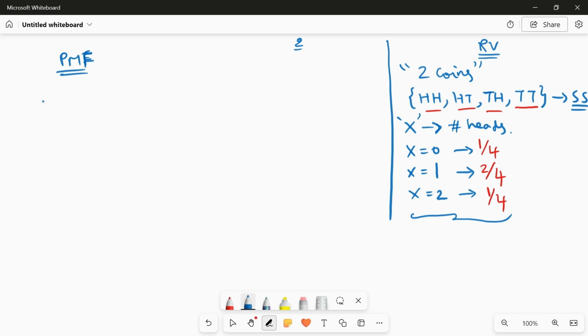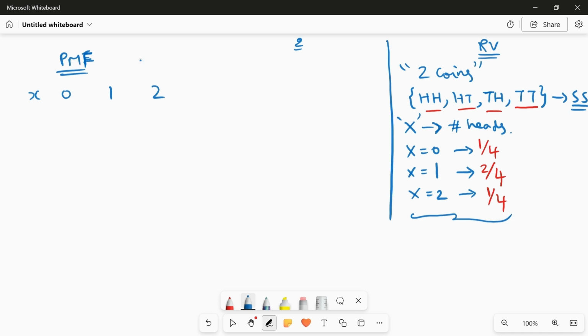It is a function that takes in the values of a random variable and gives out the probability. In the coin tossing example, let's say again the random variable x is the number of heads, the possible values of x will be 0, 1 and 2, right?